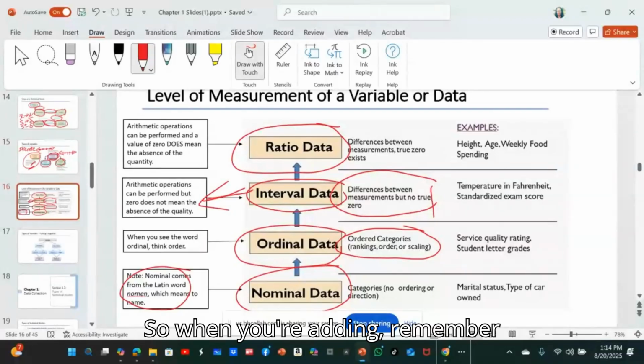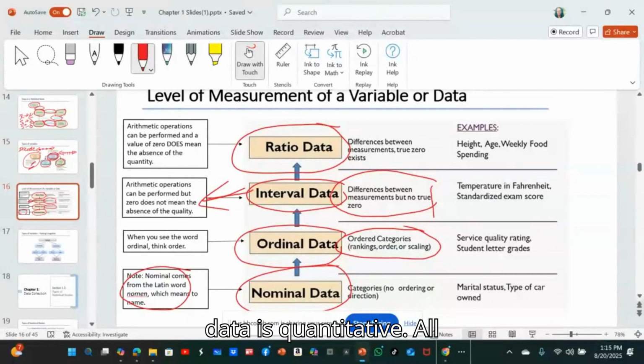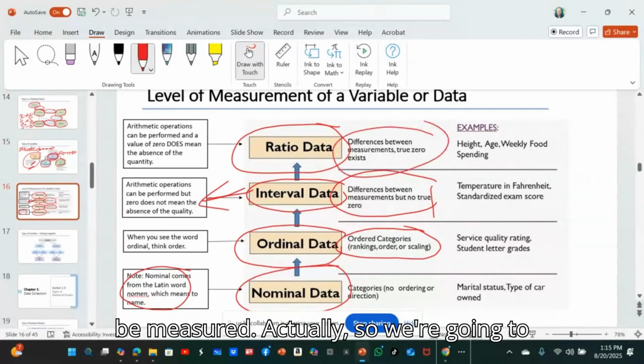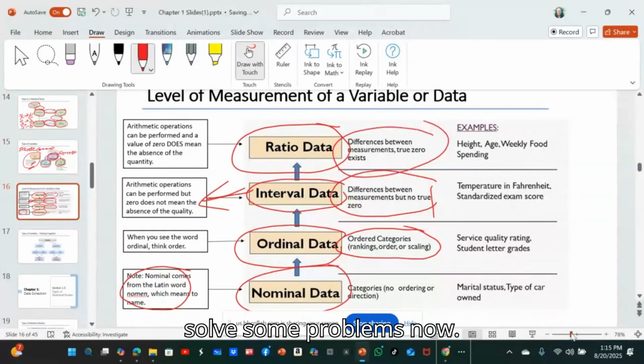So when you're adding, remember that ratio data are also quantitative. Notice that nominal and ordinal will go with qualitative. Differences between them can be measured. Okay, so we're going to solve some problems now.